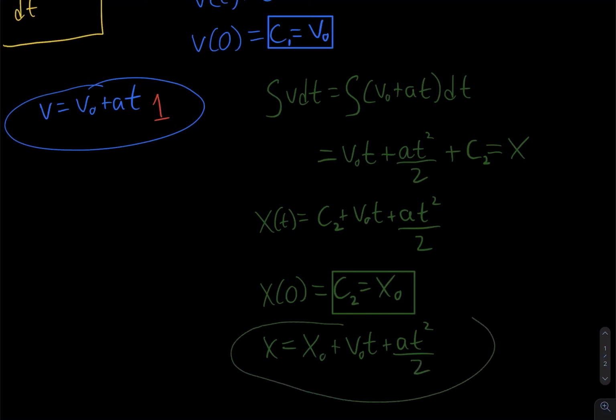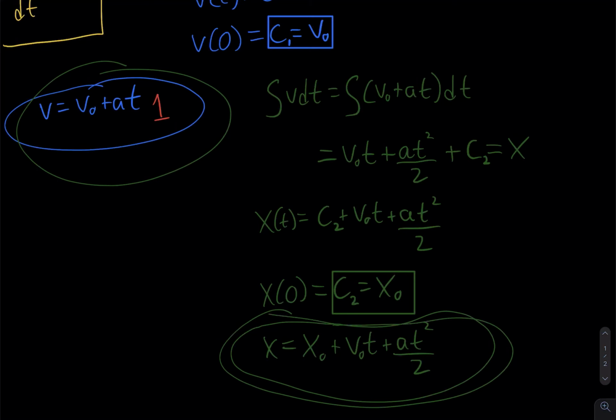And you will recognize from the last video that this is another one of our kinematic formulas. So we have two so far. We have this one here, and we have this one that we just derived here. So in the next video, we'll start from these two to get the remaining two. And notice these are different than our first two from the last video.